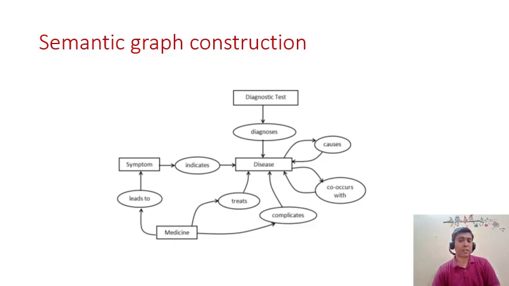For this particular disease, what diagnostic test was able to identify it and which one was not, what kind of medicine treats that disease, and what kind of medicine complicates things if there are more comorbidities, or more than one disease. So you can look from different angles and try to identify such relations.